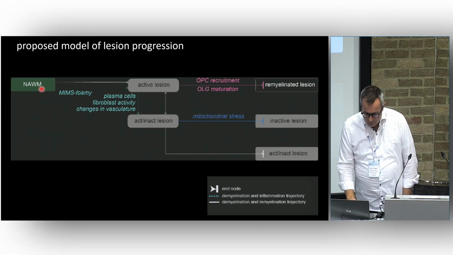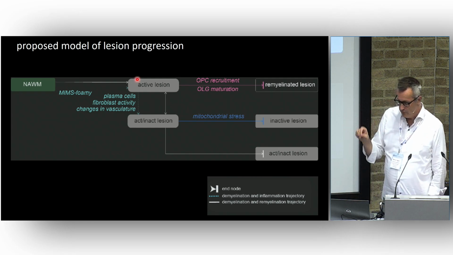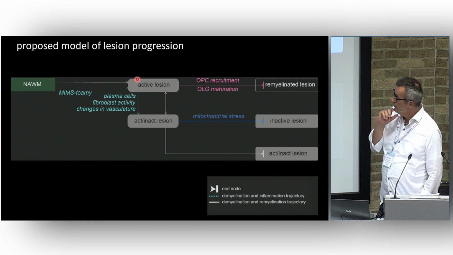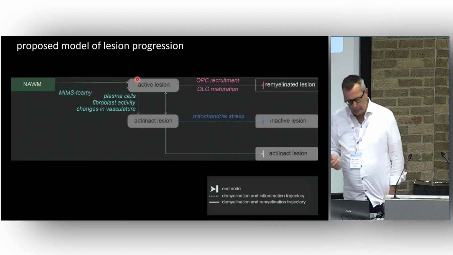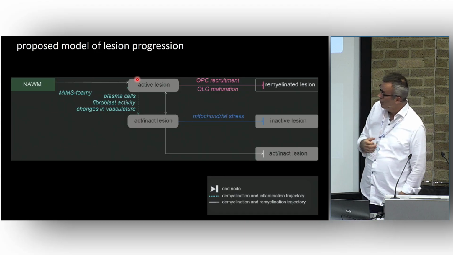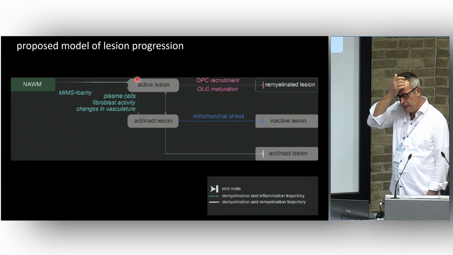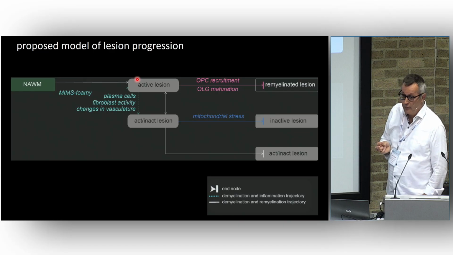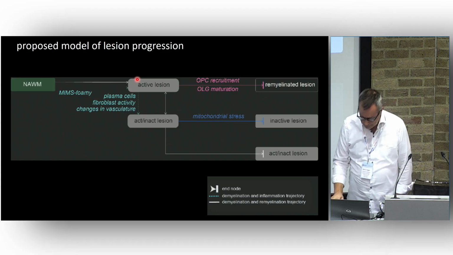And we know that microglia are critically implicated in the first transition, the transition from normal appearing white matter to an active lesion. That is clear. But I must also say that Visium is not particularly good at picking up microglia because they're relatively small, relatively RNA low. So we have now different machines that have a higher resolution, higher sensitivity. So next time around I can tell you a bit more about how microglia change in MS.